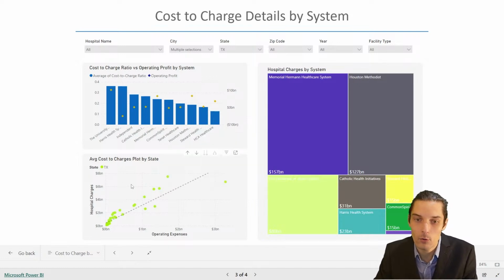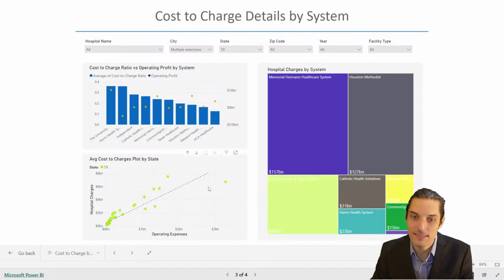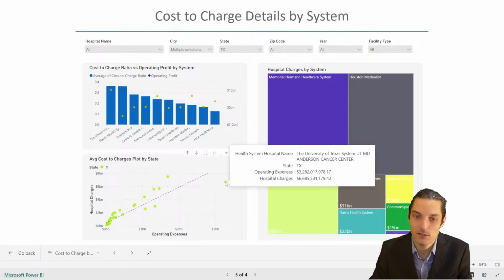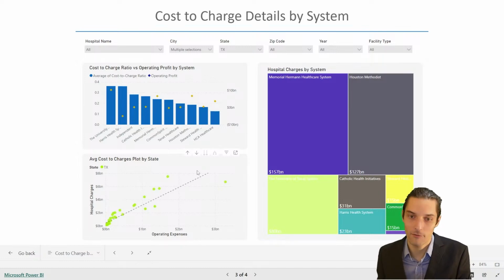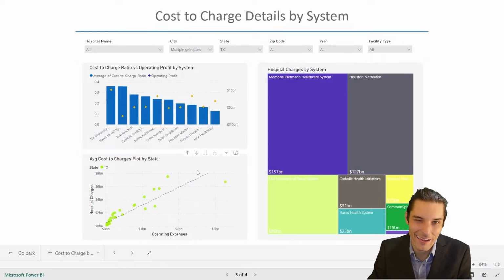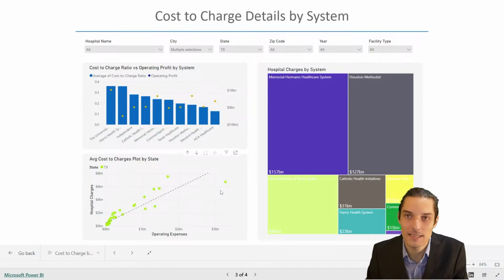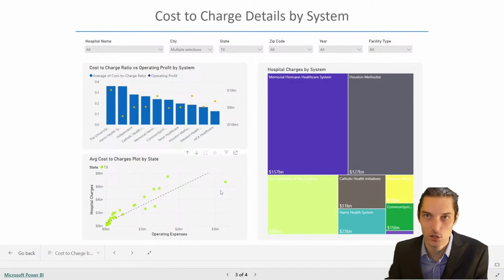I would try to check the quality of these if I had specific procedures or needed specific services, but I could compare these and know, okay, this cancer center has higher operating expenses than charges, and so I could dig into the finances and their financial reporting to understand why this is the case. Is it because they have more beds? Is it because they have higher operating expenses as far as capital expenditures, etc.?